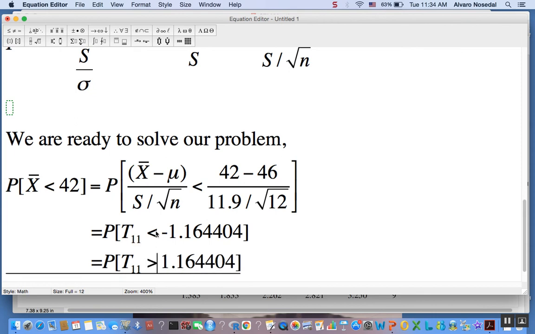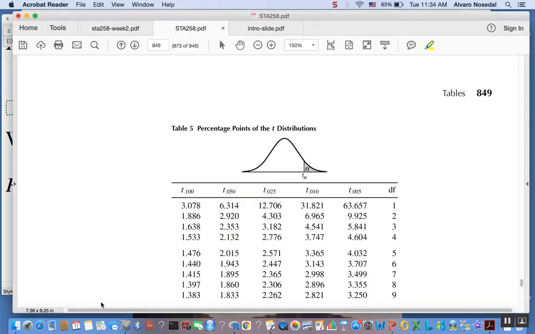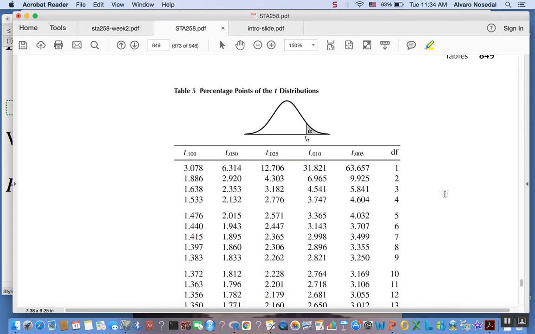The probability that a t distribution with 11 degrees of freedom is less than negative 1.16 is the same as the probability that a t distribution with 11 degrees of freedom is greater than the absolute value, or the positive version, of this, 1.16. Now, we have to find the degrees of freedom that we want.